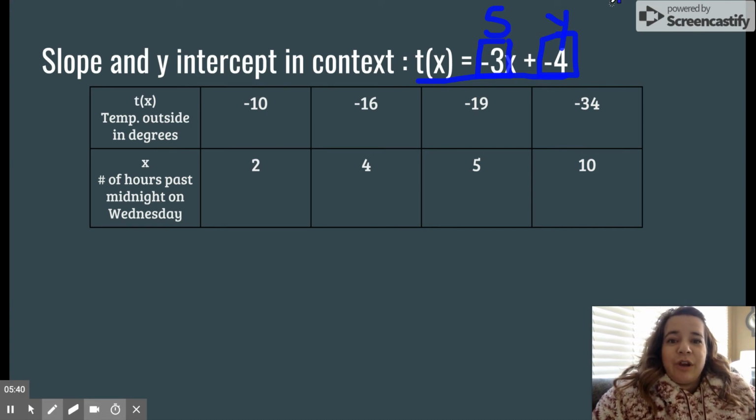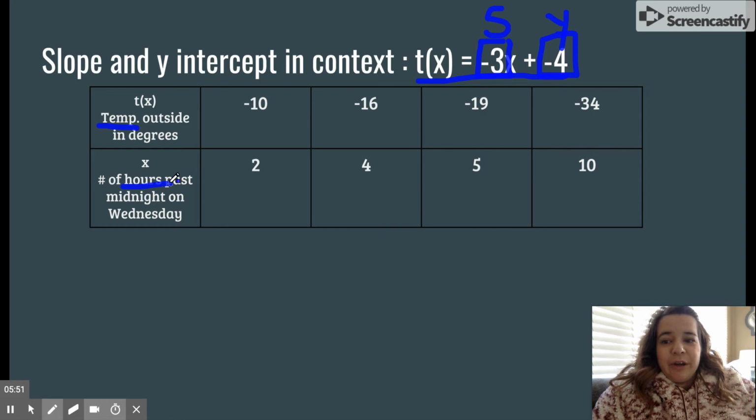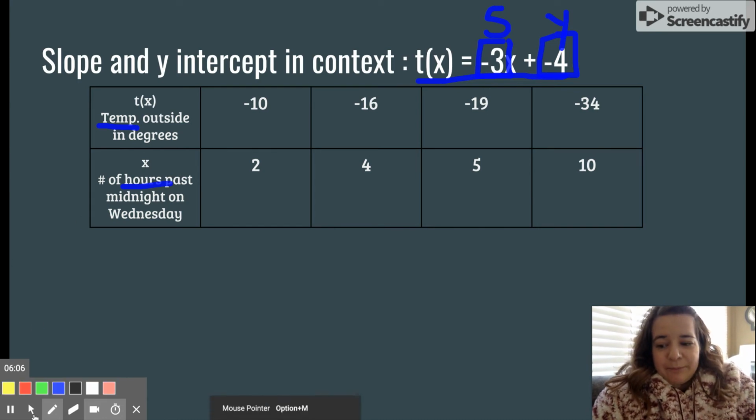Every hour, it dropped by 3 degrees. So it's important to include temperature when you're interpreting in context, as well as hours, or whatever your two labels are. Notice I said at midnight, that's my hours, it was -4 degrees. There's my temperature. Every hour, there's my hours, it dropped 3 degrees. So I'm going to include both those each time.